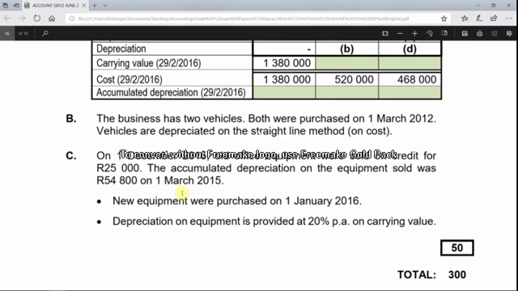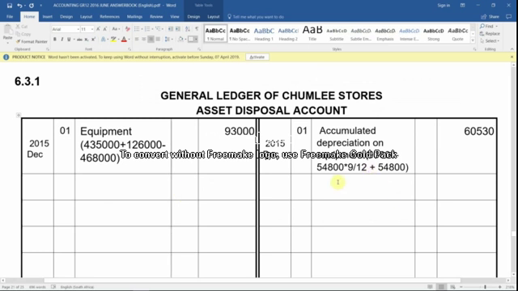We know debtors owe us money, it's an asset, so we will debit debtors control and therefore credit asset disposal. The contra entry or other account is debtors control, and it is 25,000 rand.